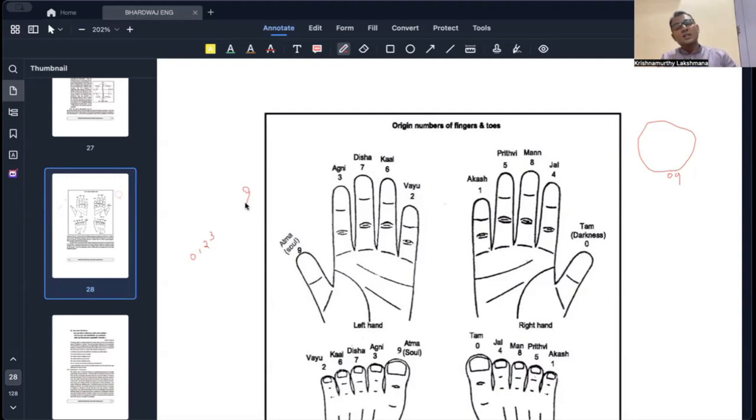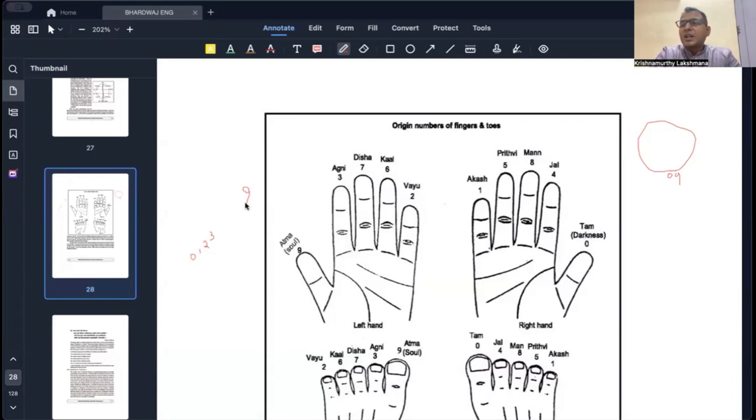If I have to translate the number into the fingers, there should be some method which will be used. What should be the guiding way that I will allocate? This finger represents this number, this finger represents this number.